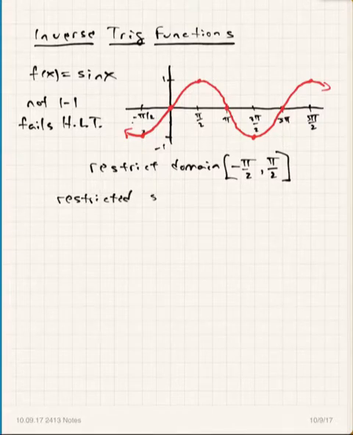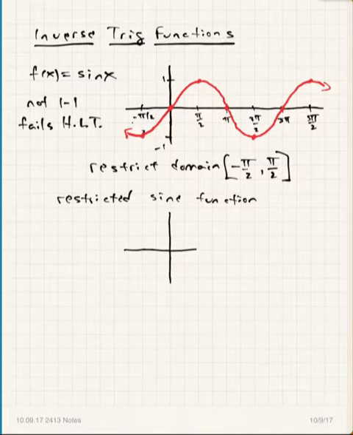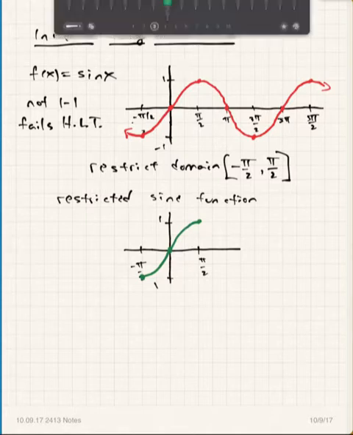That's just the piece of that graph between negative pi over 2 and pi over 2. So here's negative pi over 2, here's pi over 2, here's 1 and negative 1 on the y-axis. And we get just this piece of the graph right here. And this piece is one-to-one.